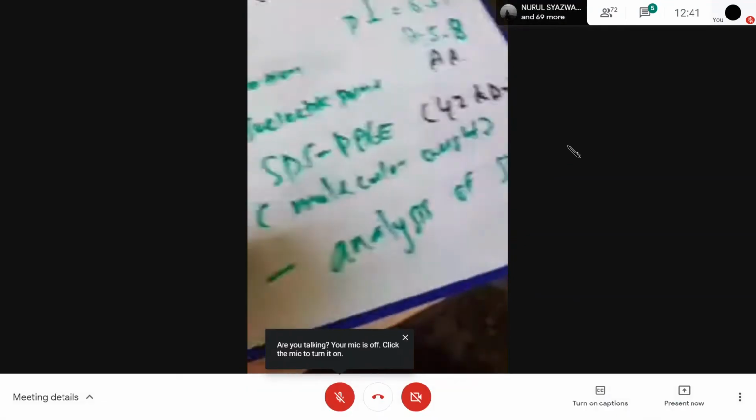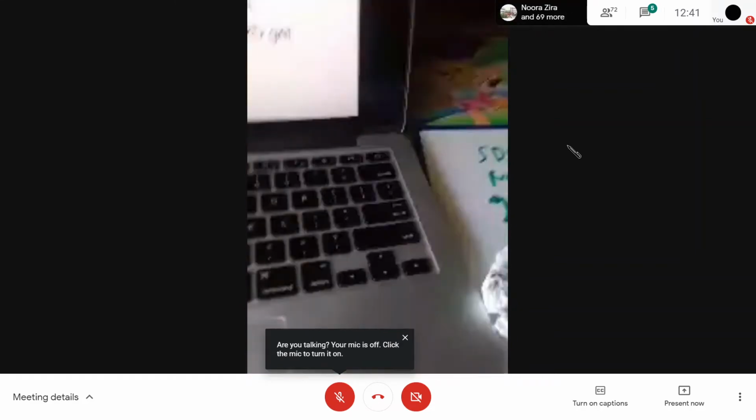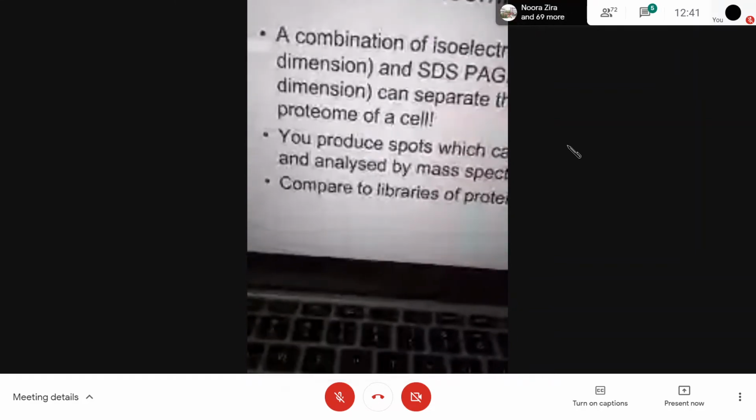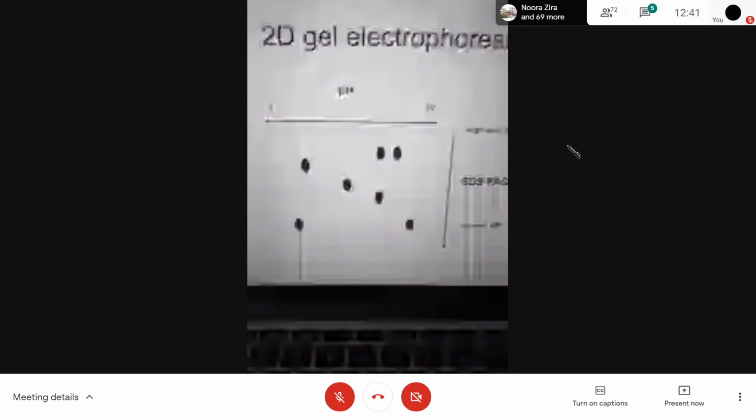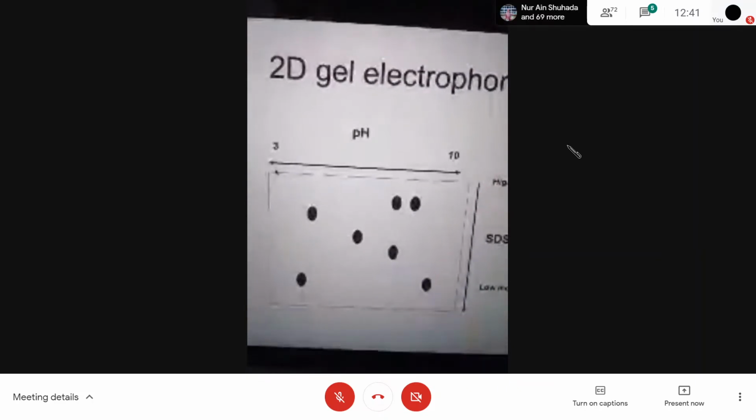So the separation is based on the isoelectric point, molecular weight, and the spot. This is the example. The first part we separate based on isoelectric point.